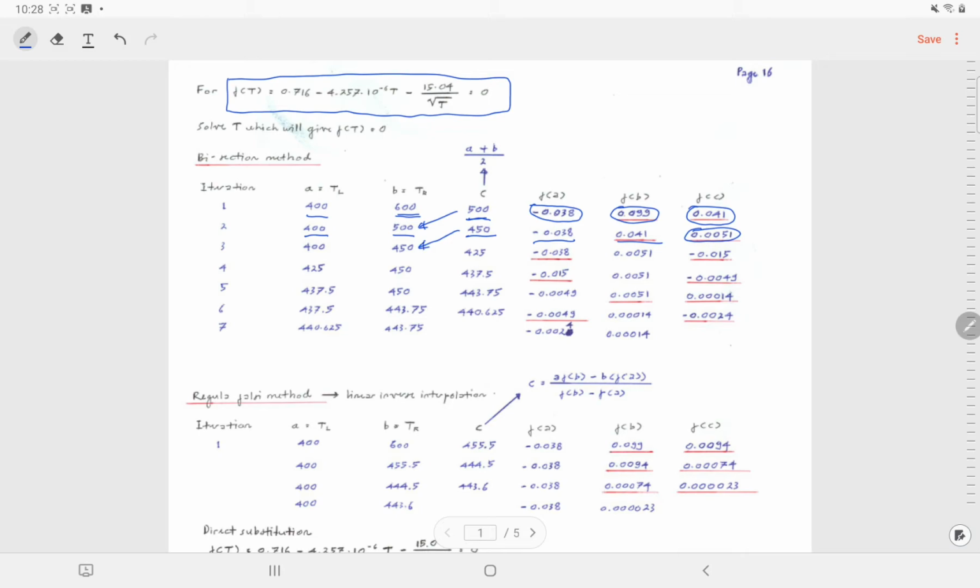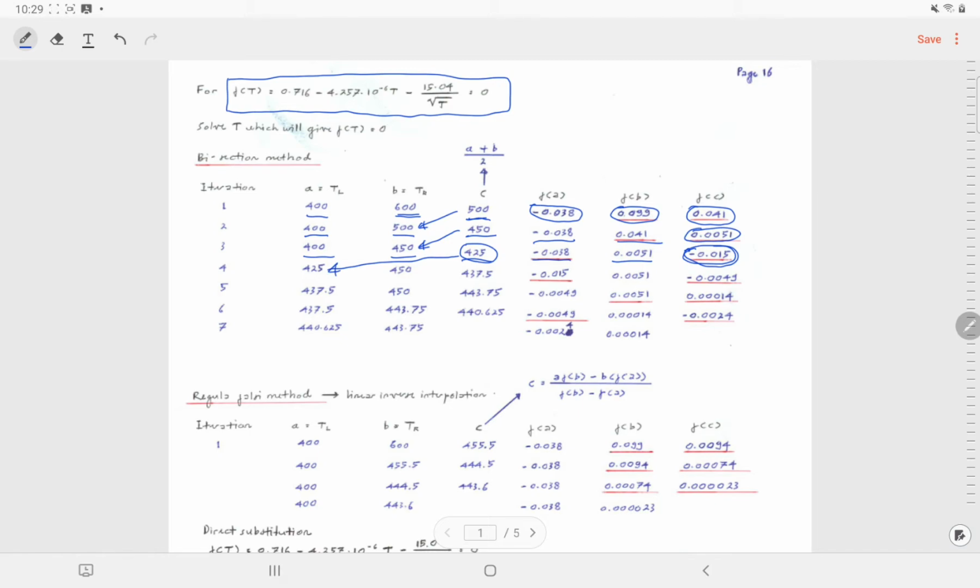Basically, we keep on continuing this. So 400 here, then 450, and we calculate the halfway point between 400 and 450, which is 425. Then we get a negative value, so this 425 will replace the previous A value, and so on.